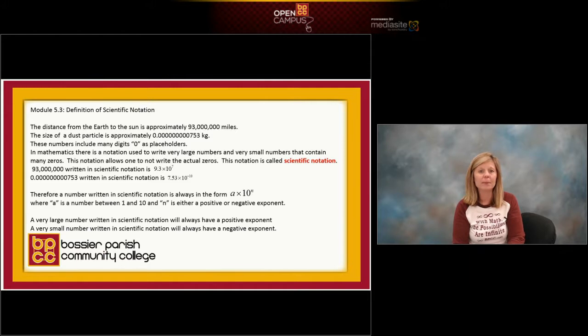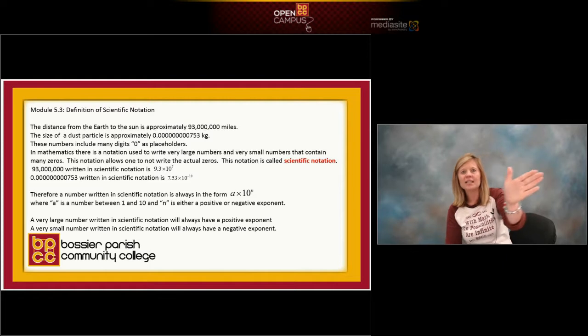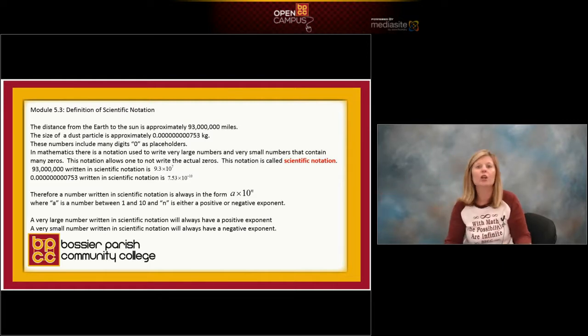Now in 93 million, the exponent is a positive 7, because if you take the decimal point in 9.3 and you move that decimal point 7 positions to the right, you'll make 93 million. So when the decimal point travels to the right, you're making the number bigger.